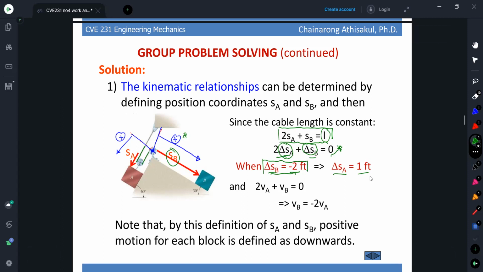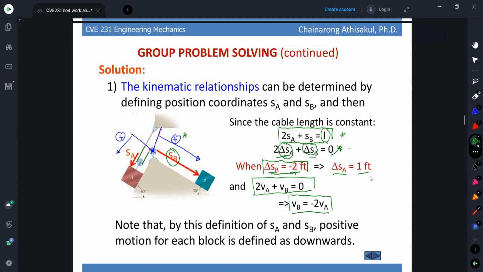In the same manner for velocity, when we take the derivative of this equation, we obtain the relationship of velocity of the two blocks: 2VA plus VB equals 0. Now we find that VB equals minus VA.